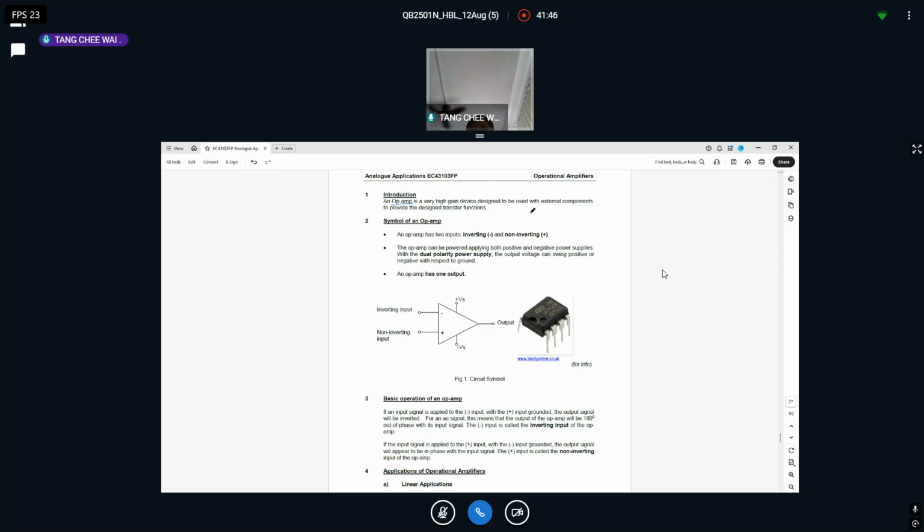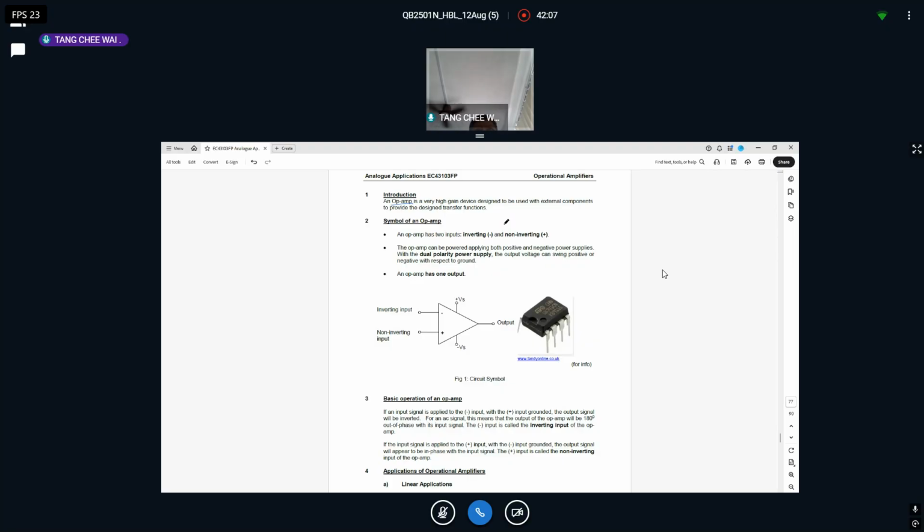Here they didn't really mention the application, but actually there are plenty of applications for an op amp. Further down, we'll discuss the different circuits that can be connected for different uses.